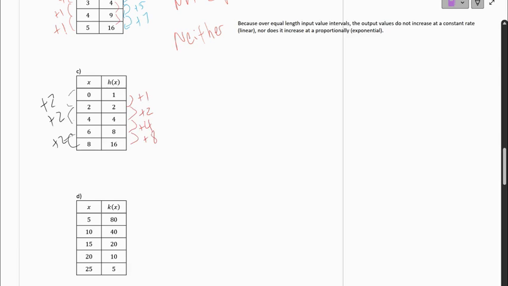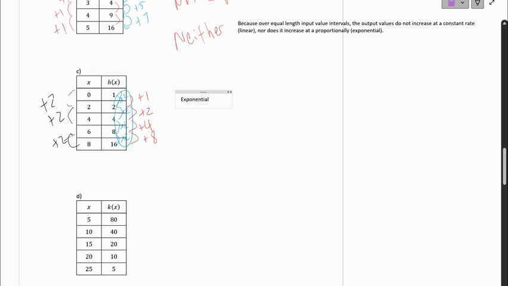But let's check for multiplication, for proportionality. That's times 2, times 2, times 2, times 2. Those are all the same, which means my answer is exponential.